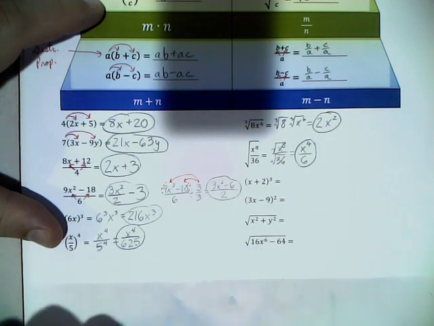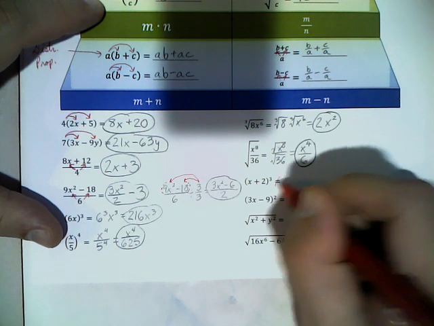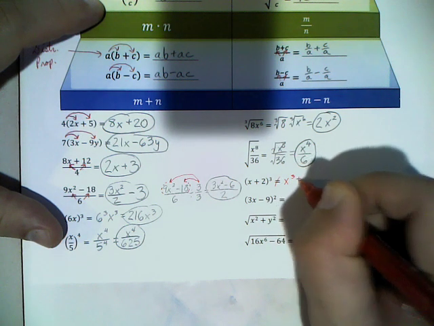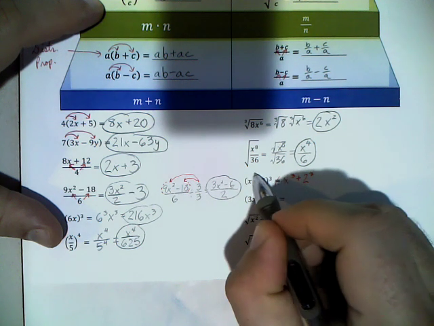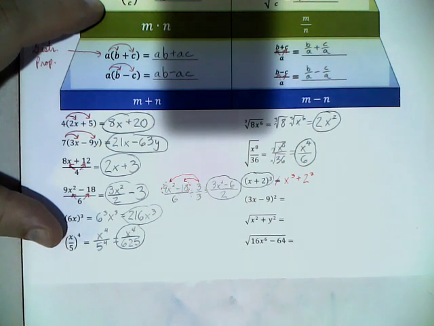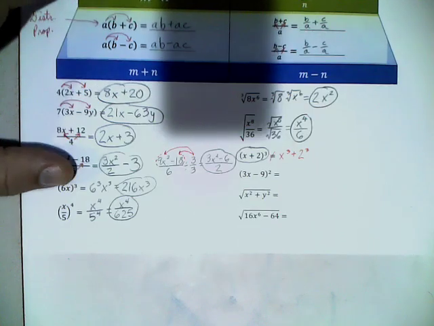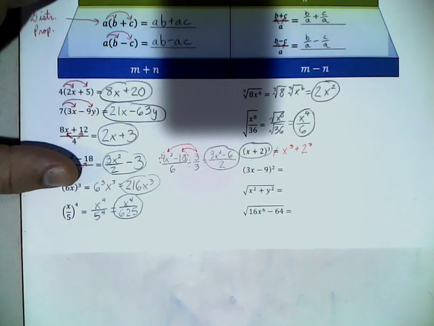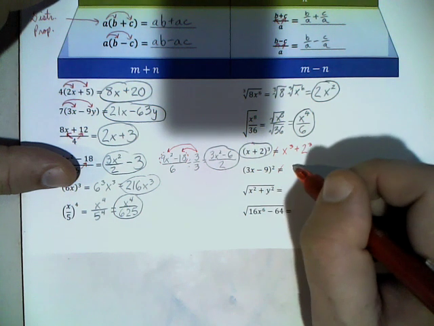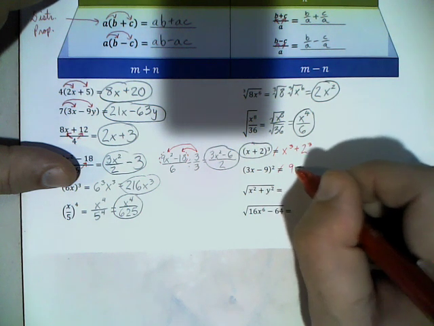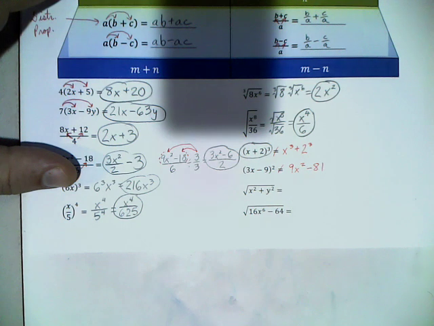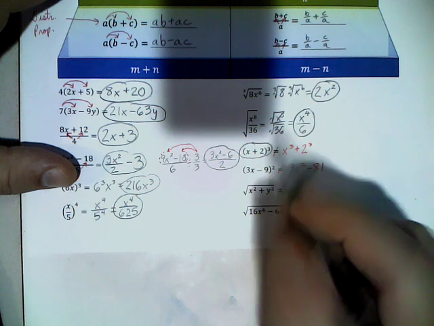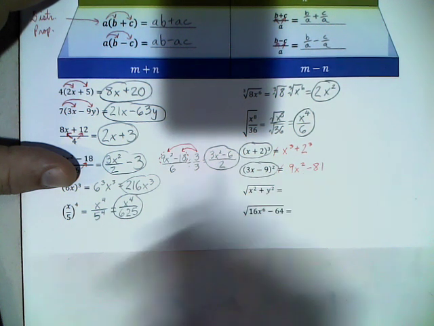But for our purposes right now, we can just know that this is not x cubed plus 2 cubed. And until we learn that future skill, we'd have to stop right there and say that's as much as we can do until we learn more. And so likewise, this would not be 9x squared minus 81.